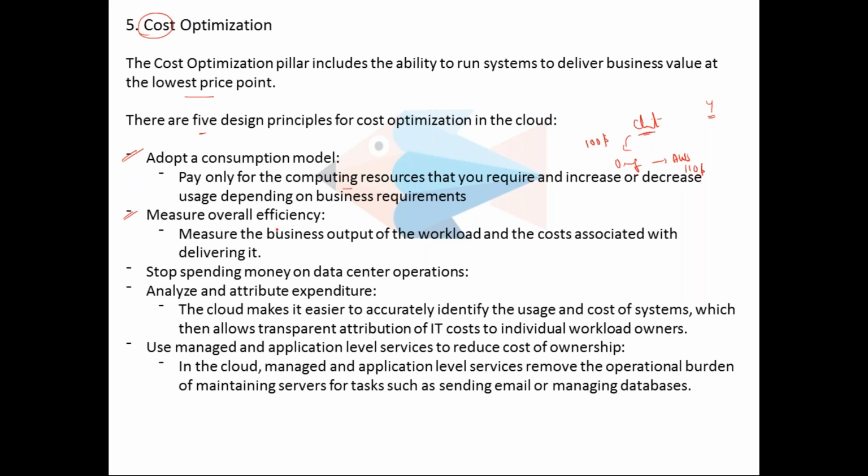You keep on measuring the efficiency of the servers or services which you're using in AWS. And stop spending money on data center operations. You need not worry about data center operations or the maintenance of the data center or the servers. You can just use the cloud, and all the maintenance will be taken care of by the cloud.